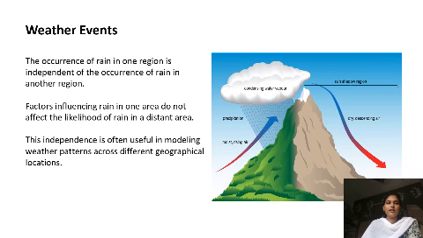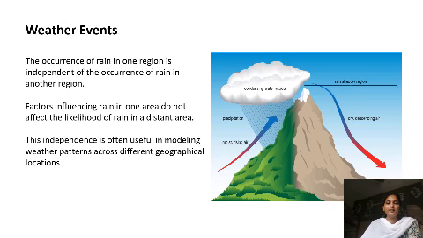Next, another example of a statistically independent process: weather events. The occurrence of rain in one region is independent of the occurrence of rain in another region. Factors influencing rain in one area do not affect the likelihood of rain in a distant area.